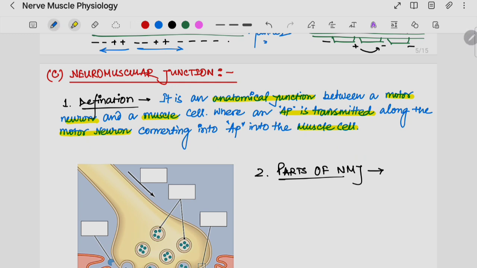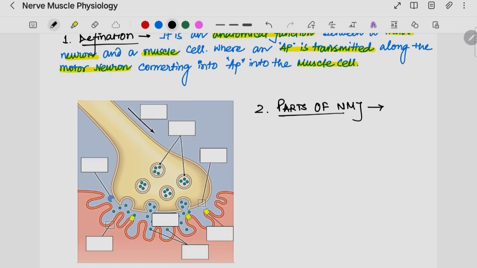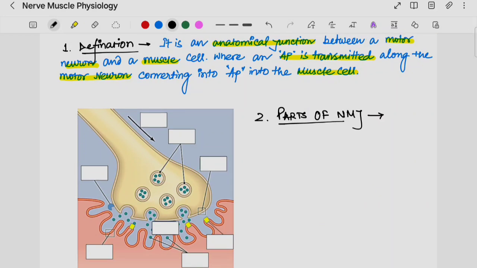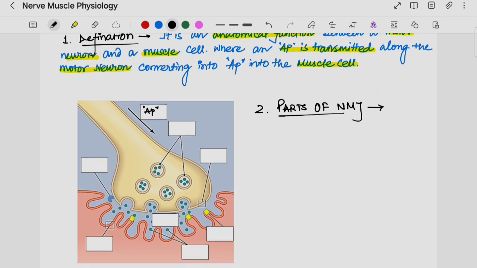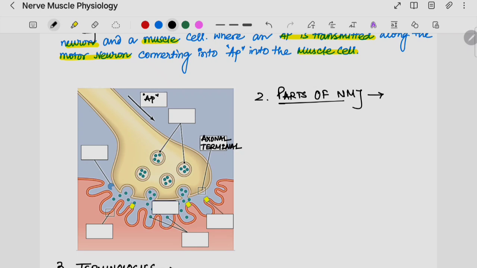So in this picture we can depict different parts of this junction. Firstly, there is the action potential. This arrow depicts that the action potential is running down the axon of the motor neuron, and this is an axonal terminal, right?